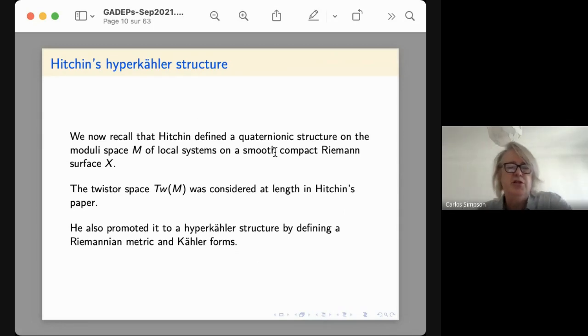So now let's go to Hitchin's paper, Hitchin's case. So remember, we recall from Hitchin's paper about self-duality equations on a compact Riemann surface, defines a quaternionic structure on the moduli space M of local systems on a smooth compact Riemann surface.